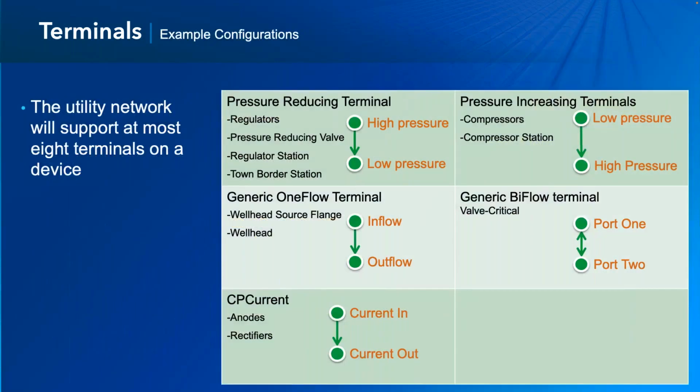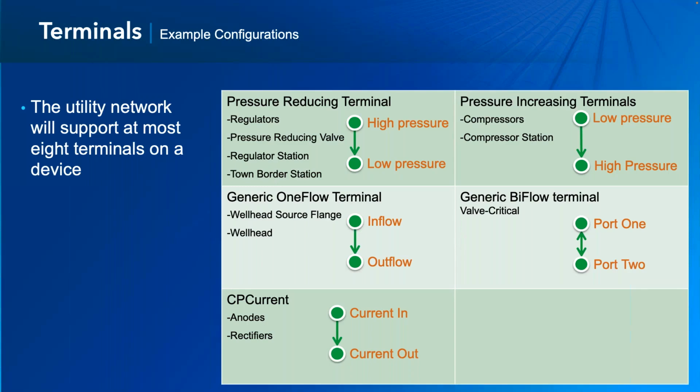You can see there are different types of terminals that we can configure. Some things are bidirectional, like a mainline block valve. It doesn't really have an inlet and an outlet, port 1 and port 2. Some things are pressure increasing, like compressors and pumps, or decreasing, like regulators, and there are generic flows. We also have the ability to model CP as well.